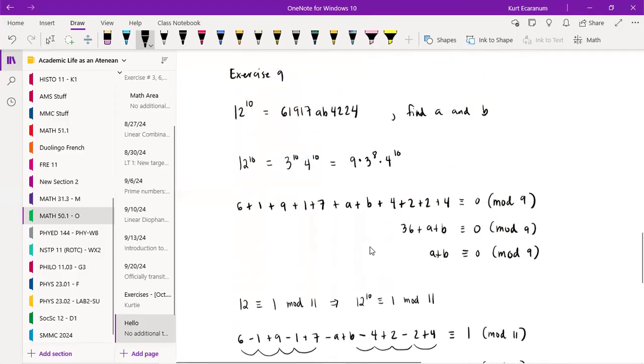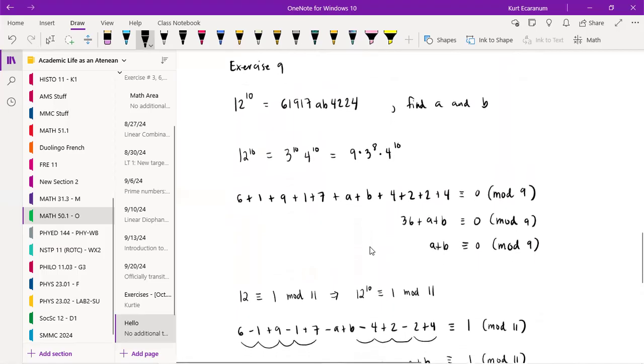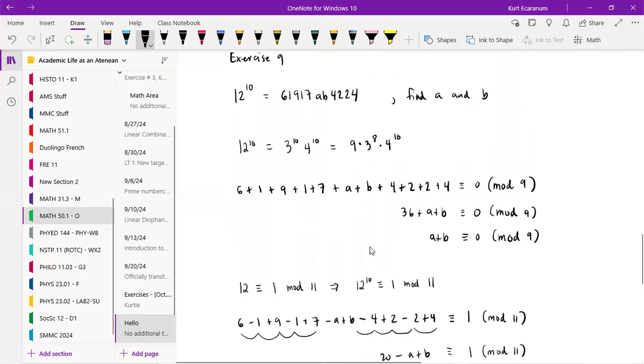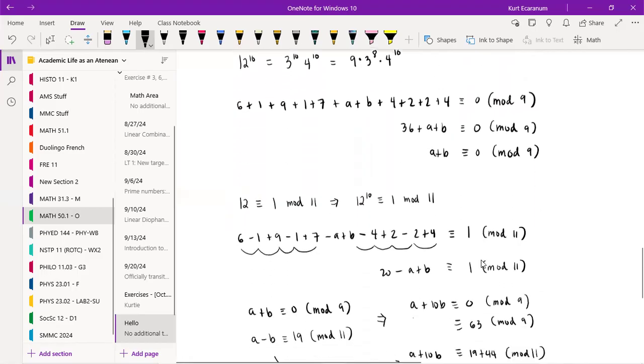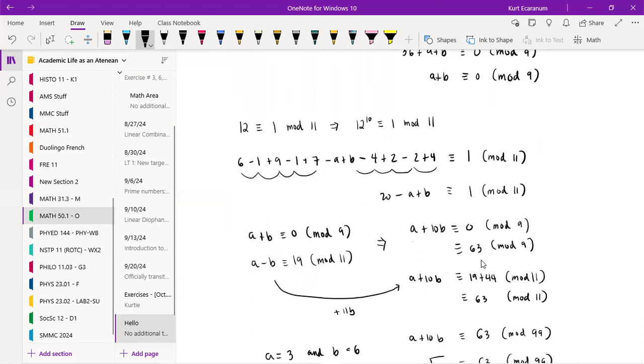Again. So, ang ginawa natin through this entire example is kinonsider natin siya modulo 9, modulo 11. So, nalaman natin na through modulo 9, ang sum nung A and B should be divisible by 9. Okay, that's one fact. Next, nung minodulo natin siya kay 11, nalaman natin na 12 raised to 10 is 1 mod 11.